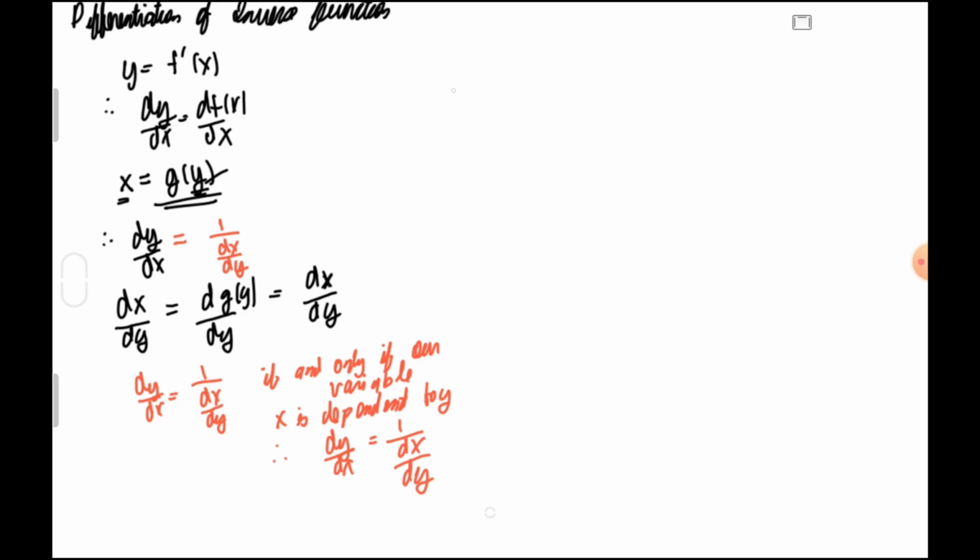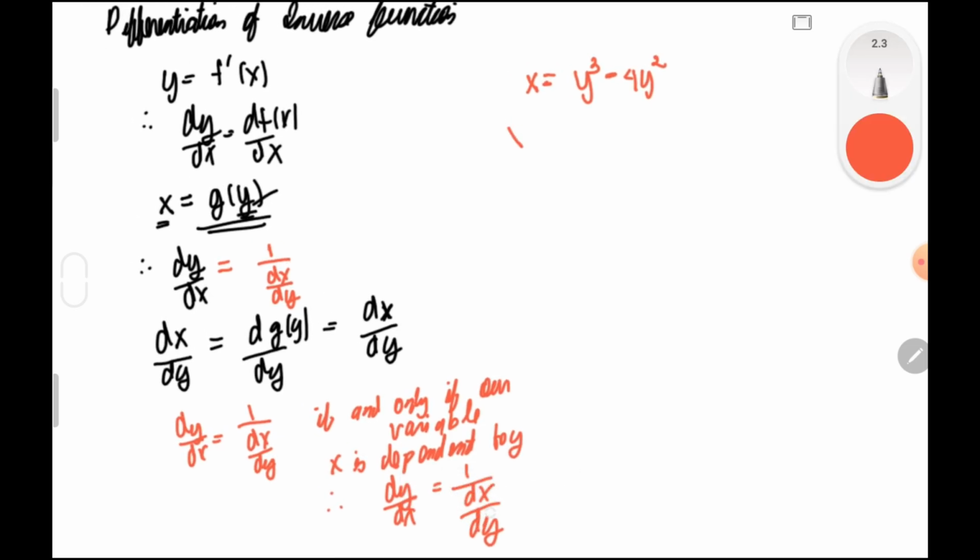So let's say that we have an example: x equals y cubed minus 4y squared. As you can see, x is the output variable for y, because x is the dependent variable.